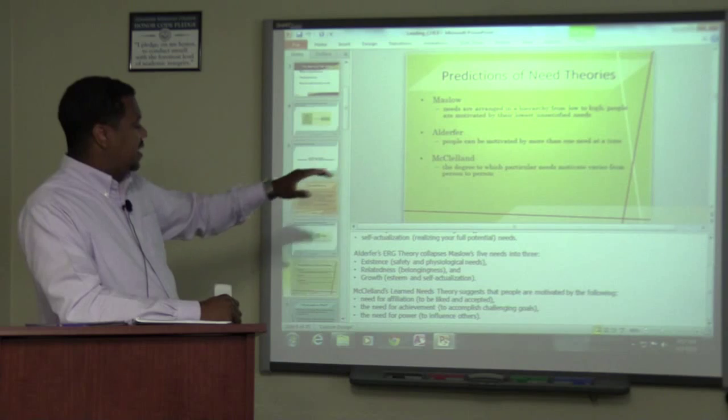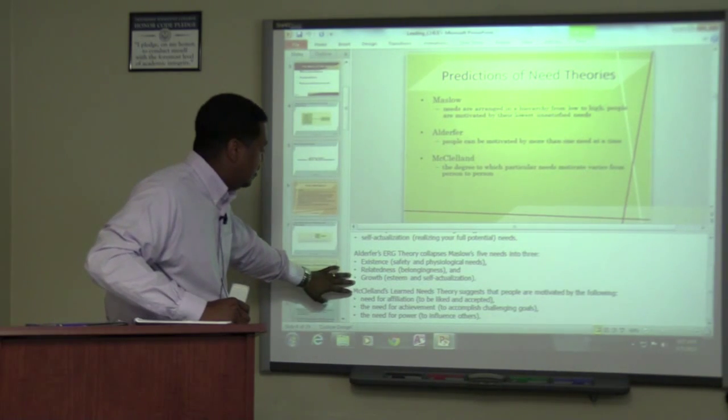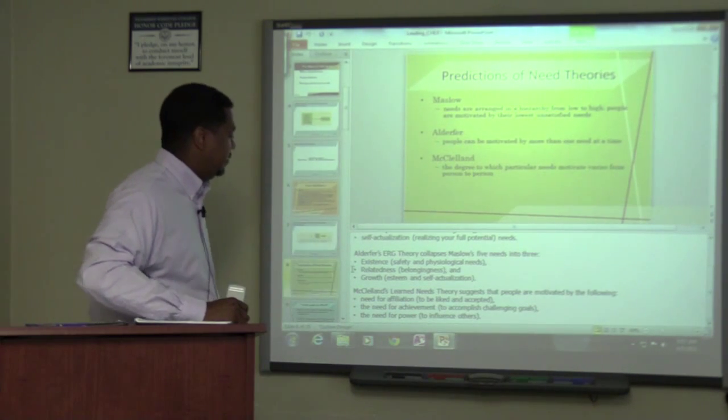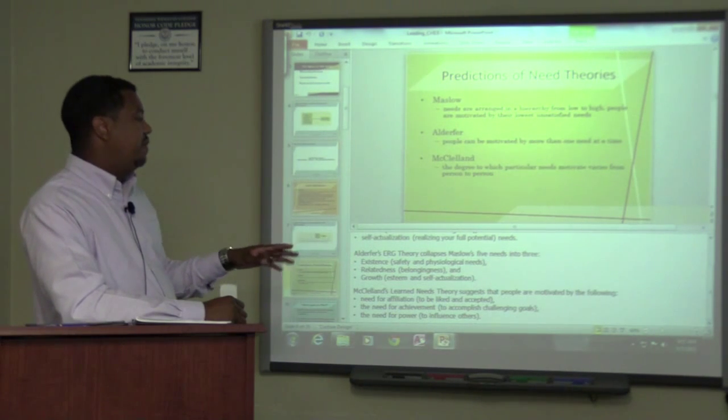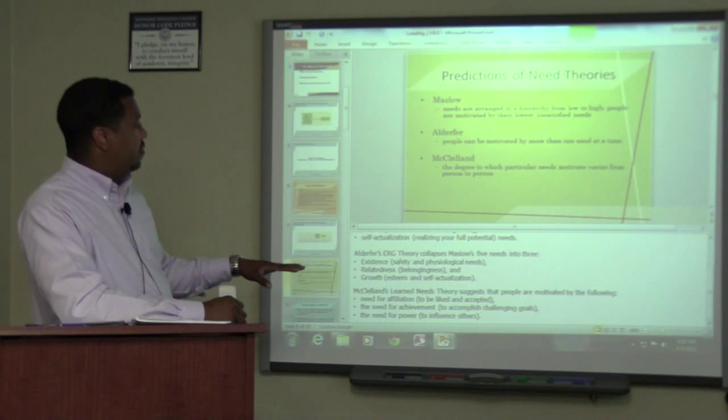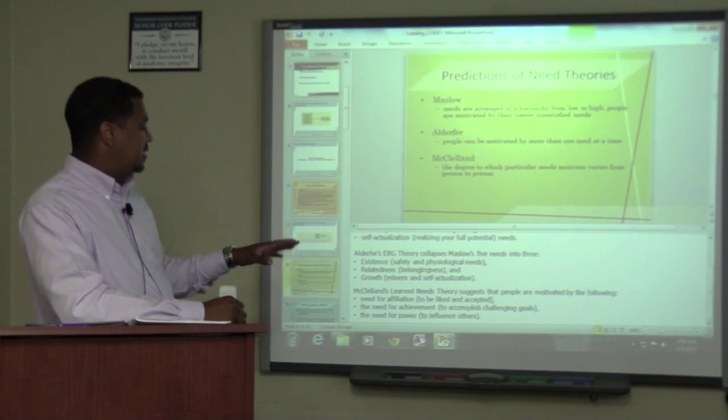functions. Let's look at another theory of need that we can satisfy. McClelland's learned needs theory suggests that people are motivated by the following: the need for affiliation, the need for achievement, and the need for power.